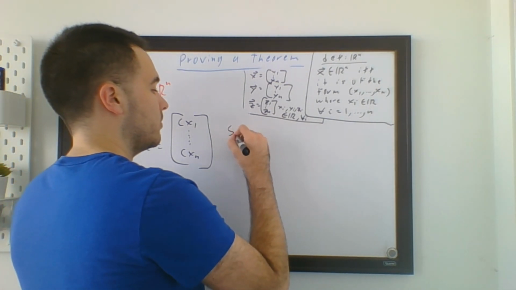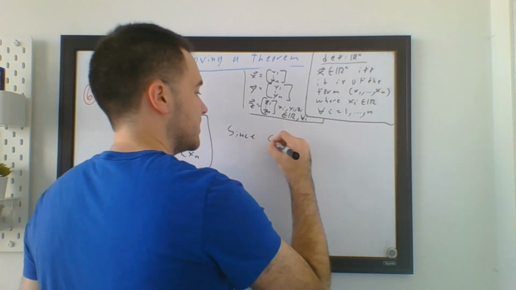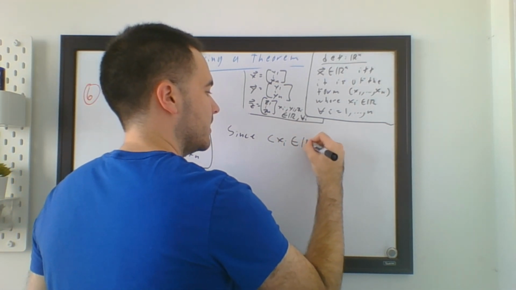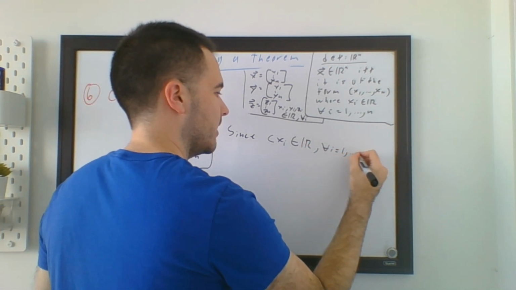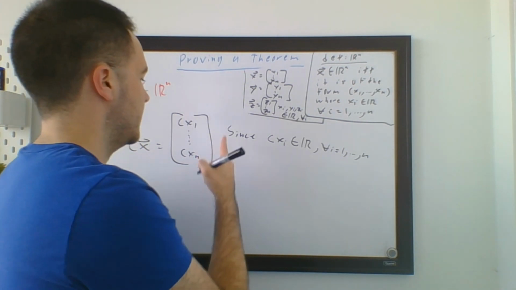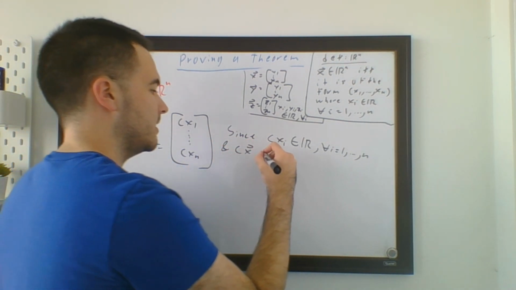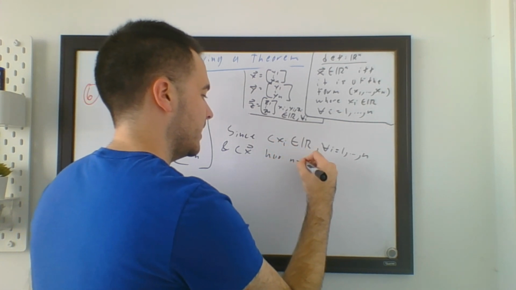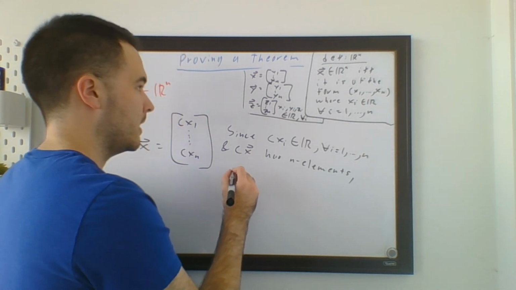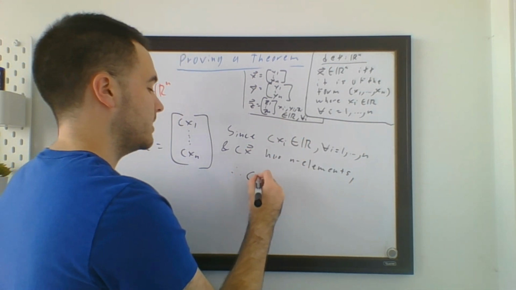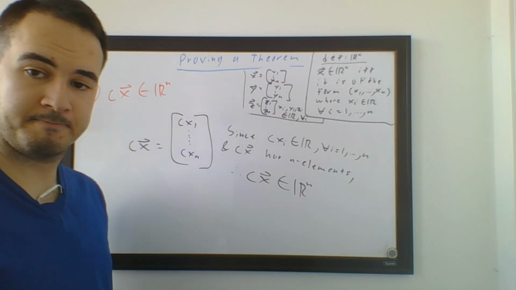So we can state, without really having to say anything else for our proof, since cxi is a real number, for all i equal to 1 to n, and cx has n elements, by the definition of Rn, cx is an element of Rn.